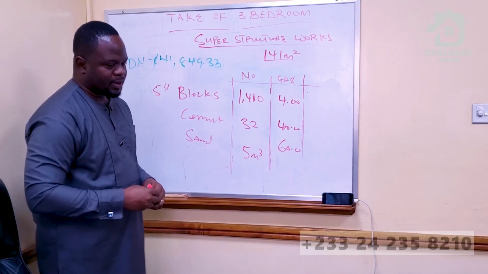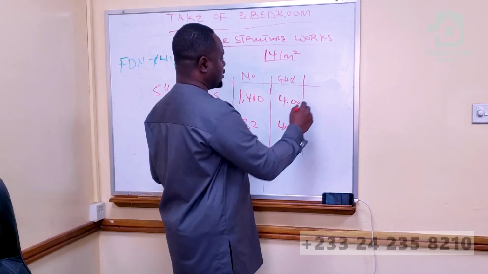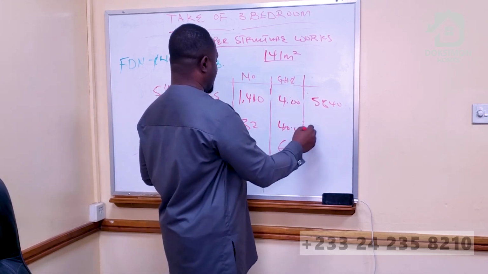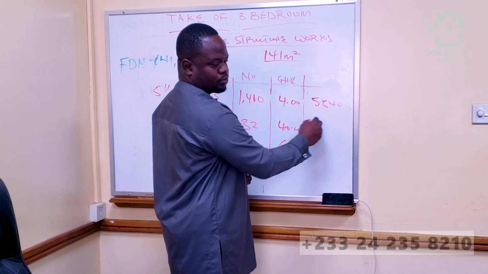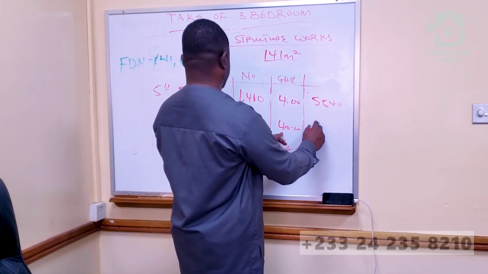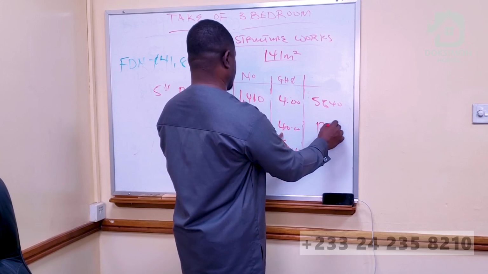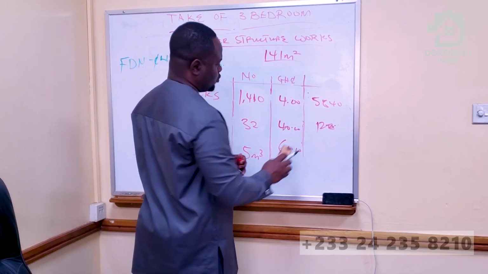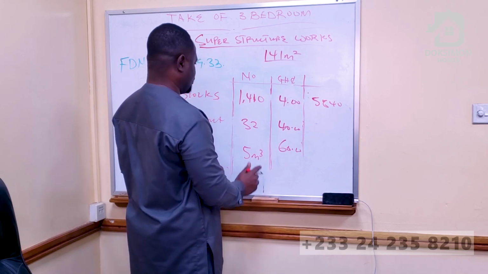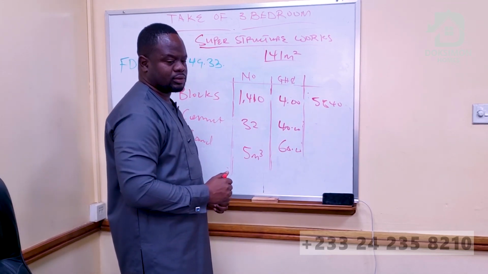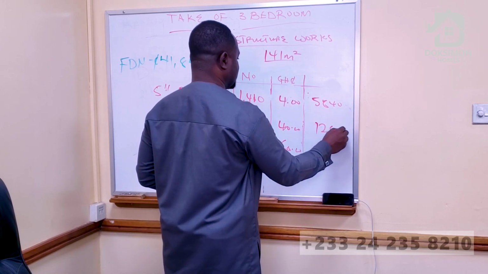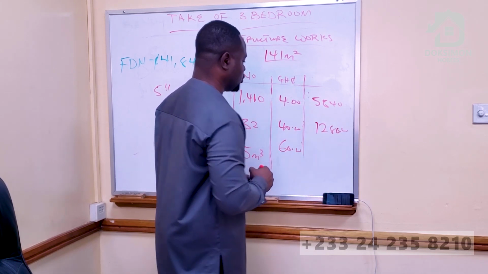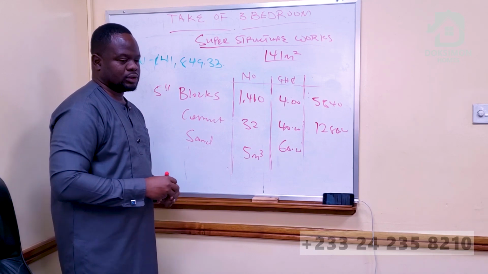Now, if you multiply this by this, you should get 5,640, followed by 1,280 cedis.